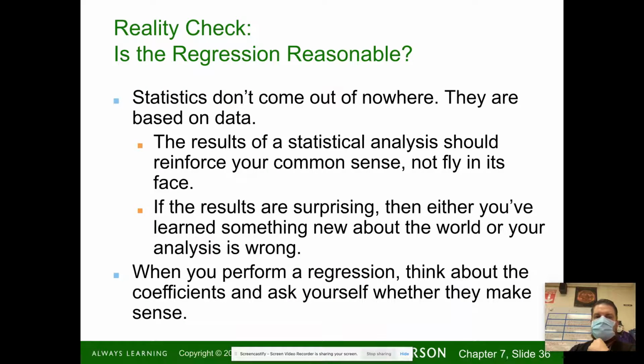Is it reasonable? Statistics don't come out of nowhere. They're based on data, so the results of the statistical analysis should reinforce your common sense. If the results are surprising, then you've learned something new about the world, or your analysis is wrong. In my physics class, we plotted some stuff, and it was a perfect correlation.